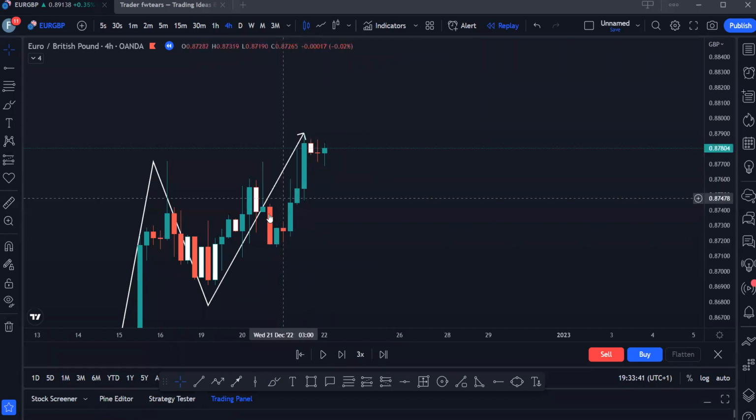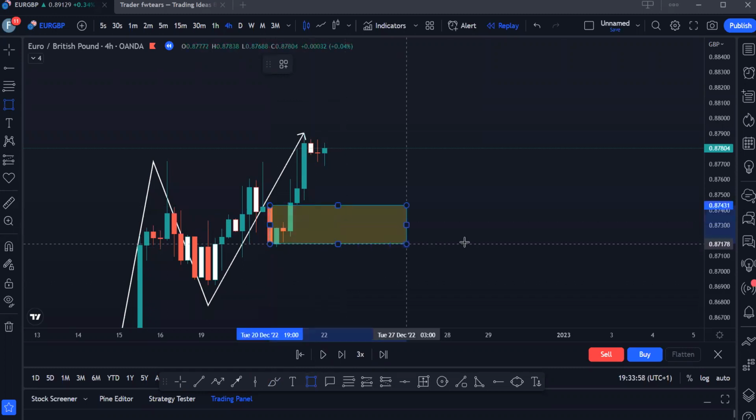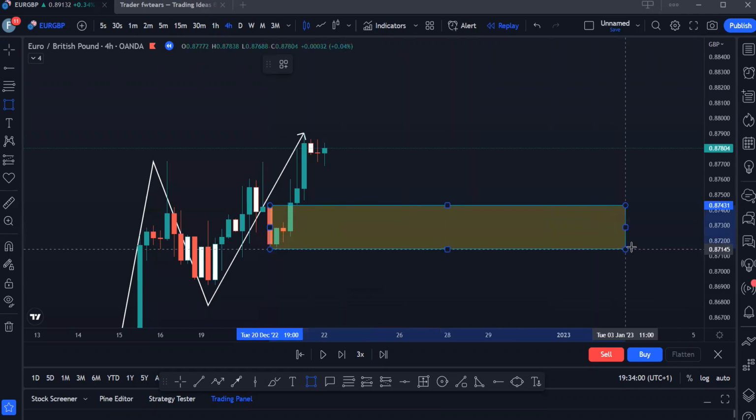Before the reversal happened, the last sell candle. In this case, it is this candle. So I'm going to take the whole of this candle as my support zone. I hope that makes sense. I'm going to draw it like so.